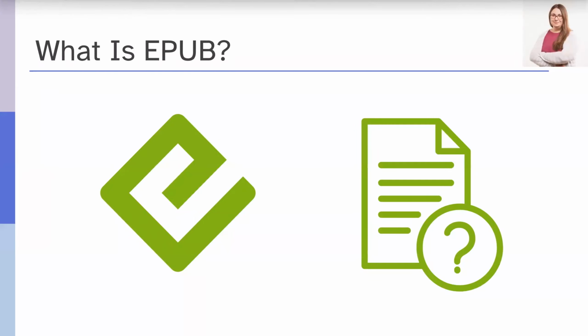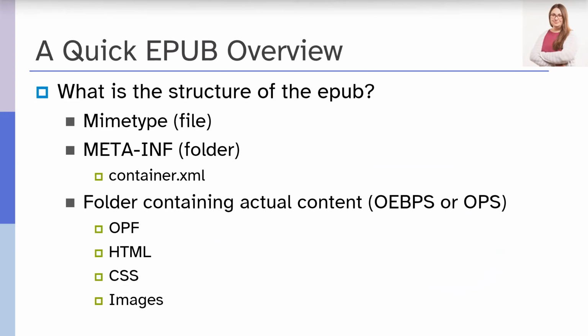So we're going to launch into just a quick overview of what is actually included in an EPUB. If you read the next slide, a quick EPUB overview, you can see that it is basically acronym soup. The contents of an EPUB can appear to be kind of intimidating. The first time that I looked under the hood of an EPUB, I had no idea what these elements were.